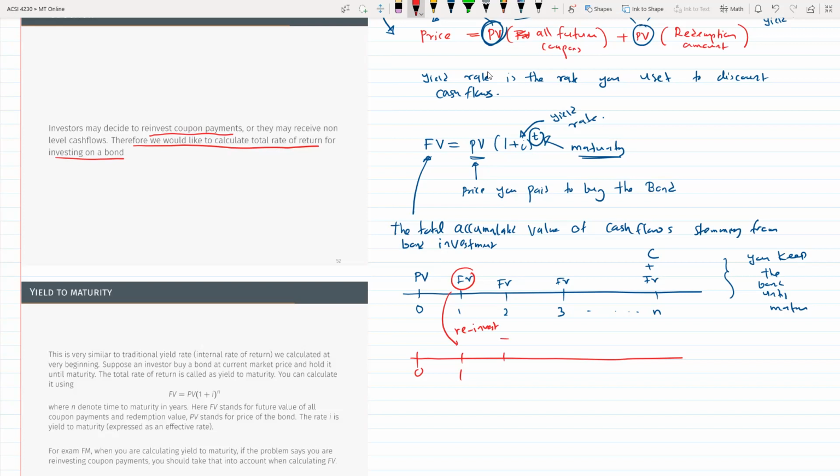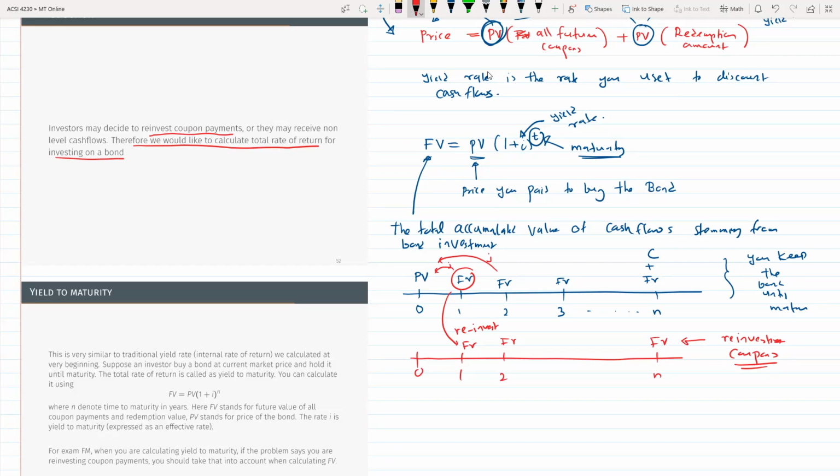Whenever you get the coupon amount, you deposit it into a bank account, so you are reinvesting the coupon. When this happens, you cannot just say the rate I used to find the price, let's say j, is your yield rate. That's not true, because you reinvest the coupon, so you are getting more.